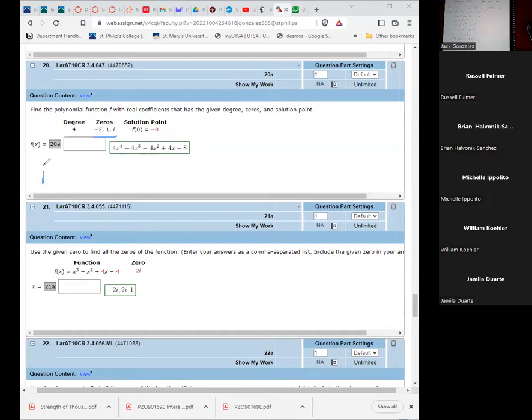So f. What you do on this one is you don't know what's in front, so just say there's some a over here. I don't know what it is. Then you do the factors like we did before. So x minus minus 2, so x plus 2.